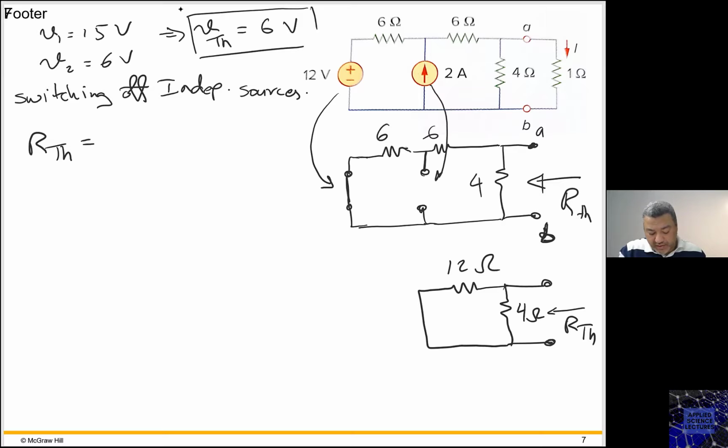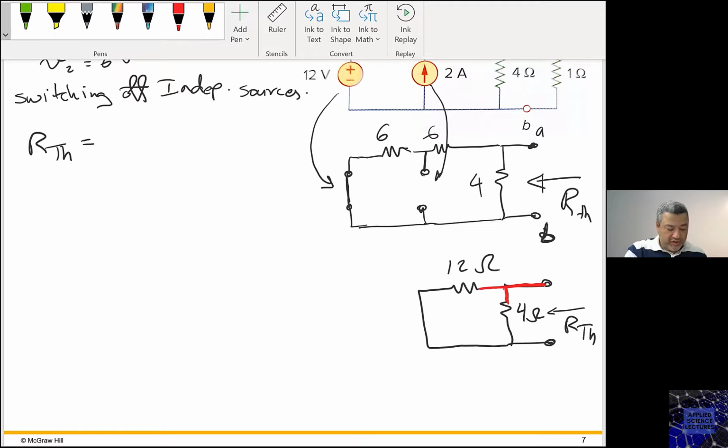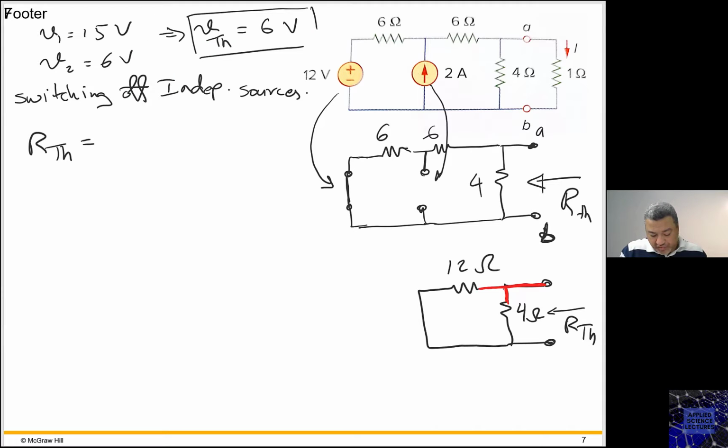So always keep in mind, if you think that you would maybe get confused, just redraw or color those terminals. Do you see the 12 and the 4 sharing both terminals? Absolutely.